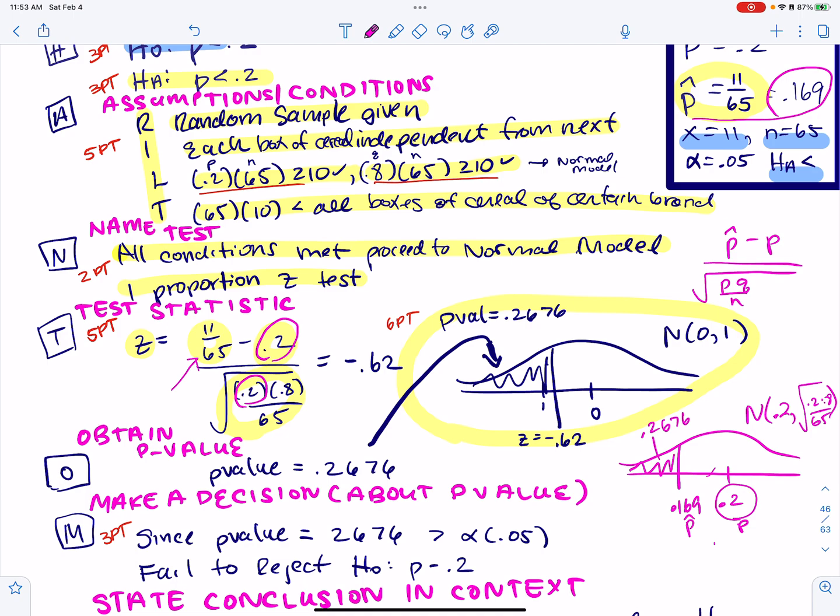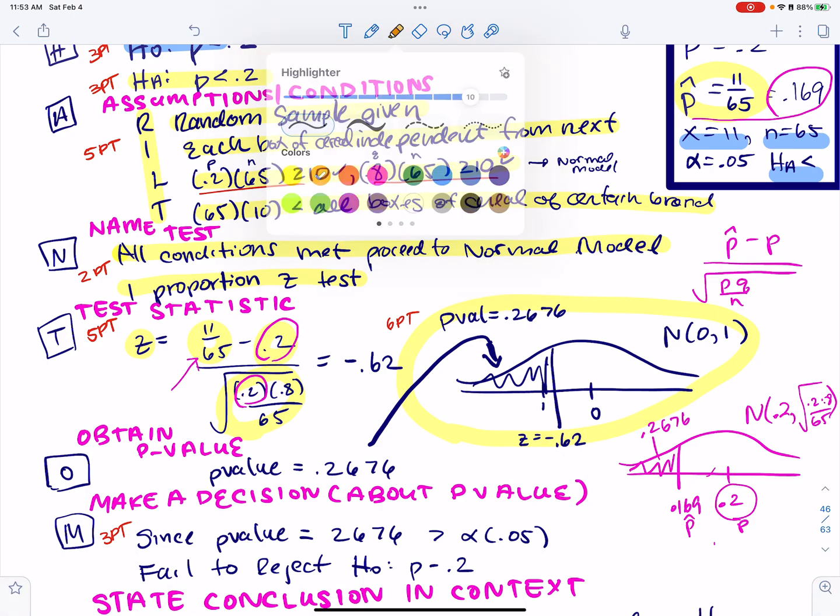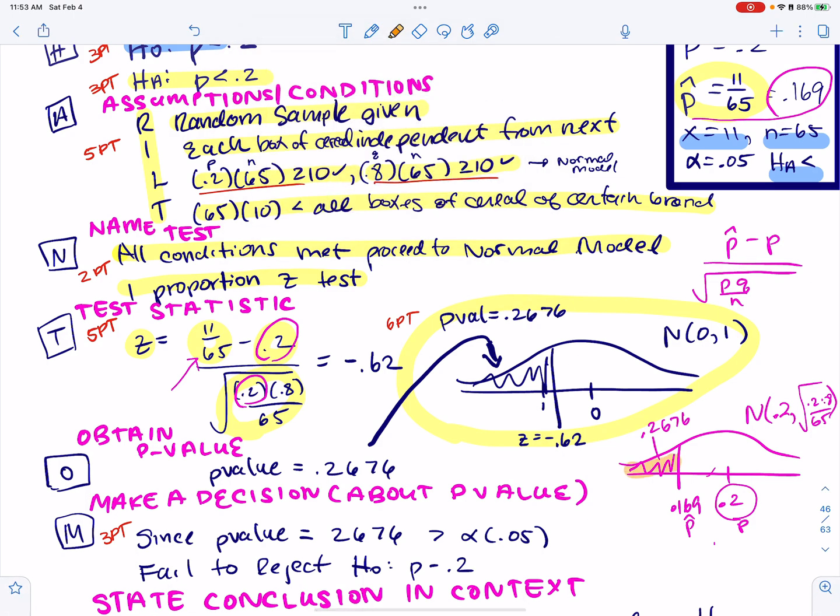If it barely exists, this little area here is the percentage of time that my sample, 11 out of 65, happens by chance. And if it doesn't happen by chance very much, we're saying, wow, that's pretty significant. We need to look at our original model and potentially change it.